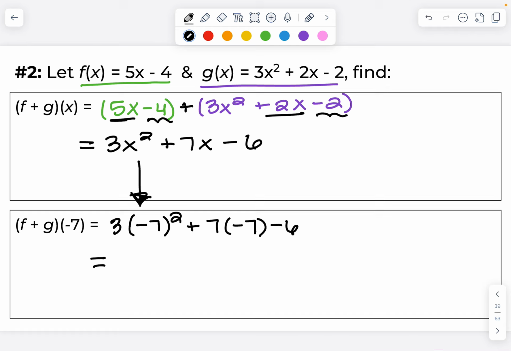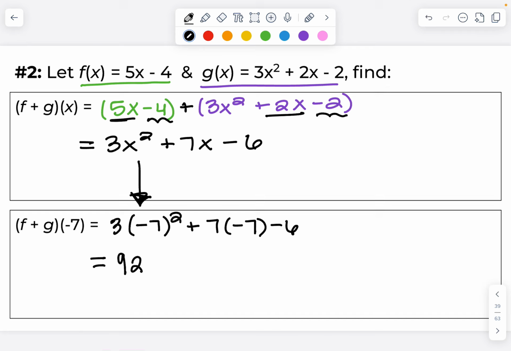So I need to type this one in my calculator. When I do this in my calculator, I get 92. That was just a bit more mental math than I felt like doing. So we got 92.